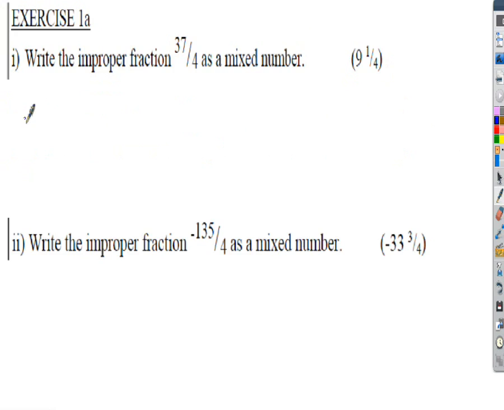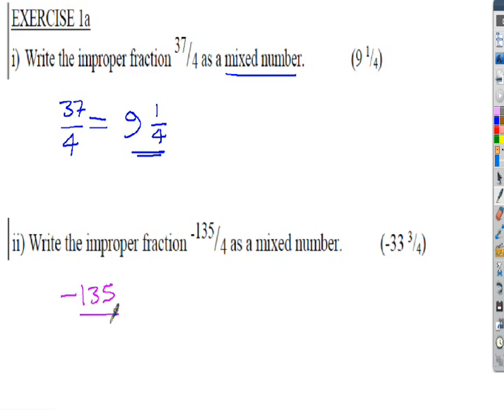Here are the worked solutions. Exercise 1A part 1. We're given 37 upon 4 for our improper fraction. We have to write that as a mixed number here. So how many times does 4 divide completely into 37? Well, 9 4s are 36, so that will be 9 and 1 remaining, so 9 1/4. Our solution for the first question. And in question 2, the improper fraction now is negative 135 upon 4.